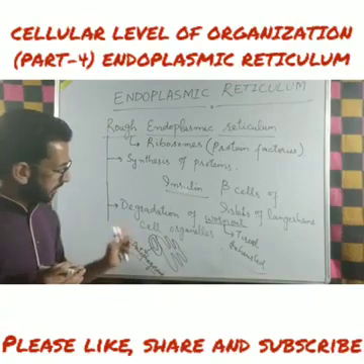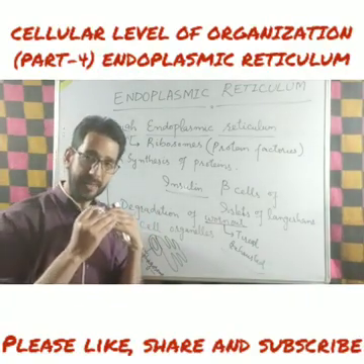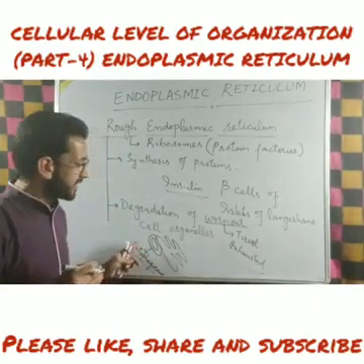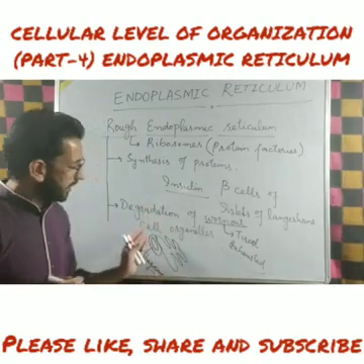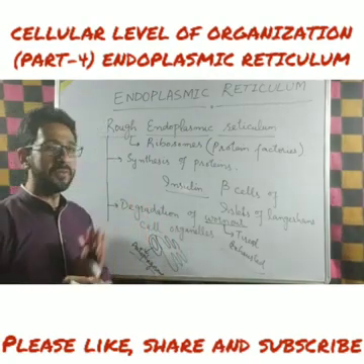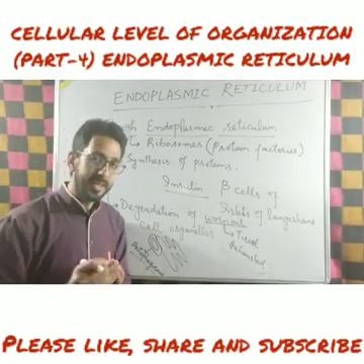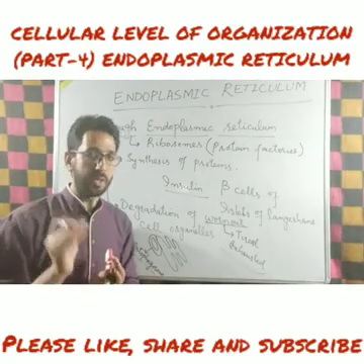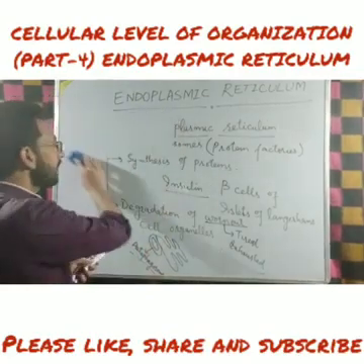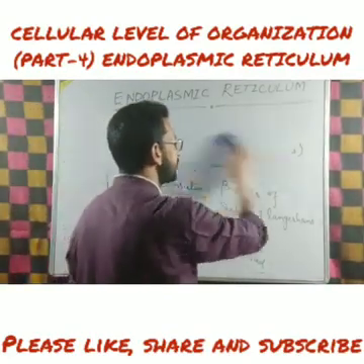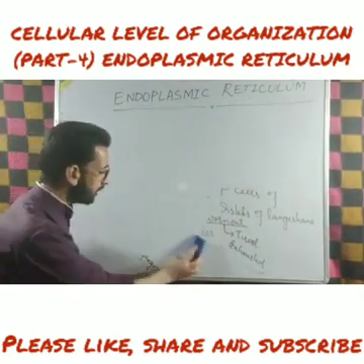So the first thing, the wrapping of the worn out cell organelle, is done by the rough endoplasmic reticulum. This becomes an important function of the rough endoplasmic reticulum, that it is involved in the degradation of worn out cell organelles. So now we have discussed the two important functions of rough endoplasmic reticulum.